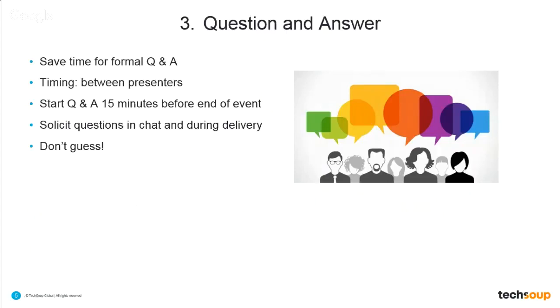There's somebody on the back end queuing up the questions for the presenter to answer at specific times. Sometimes if it's a live event and you can see everyone's face, it could be a little bit more formal at the end, where the learner can actually get on camera and ask the question. It really depends on the format of your delivery and how many participants you have. But it's important to set aside that time.